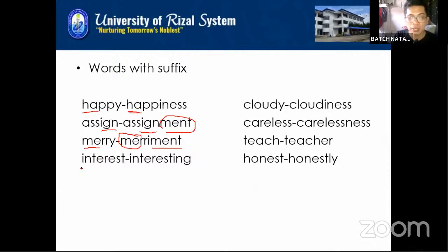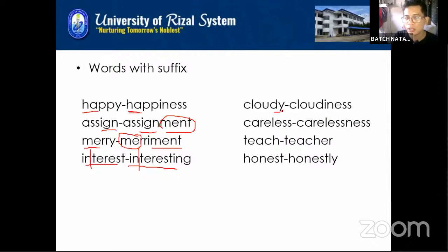Okay, then next we have interest. The stress falls on the first syllable. We say interesting. Still the stress is on the first syllable. Then next we have cloudy, cloudiness.